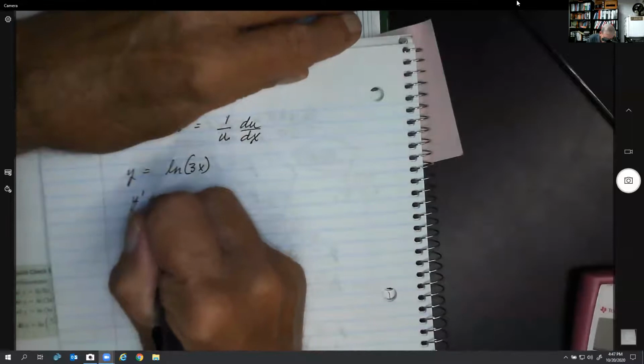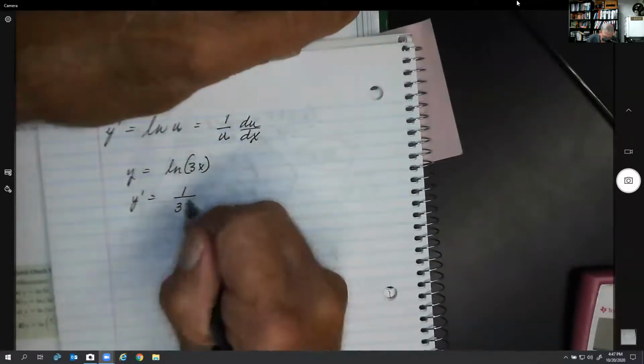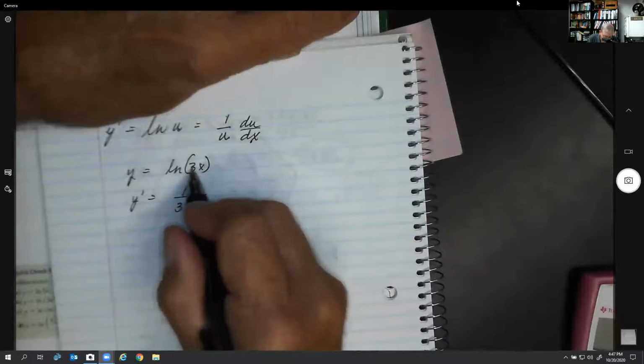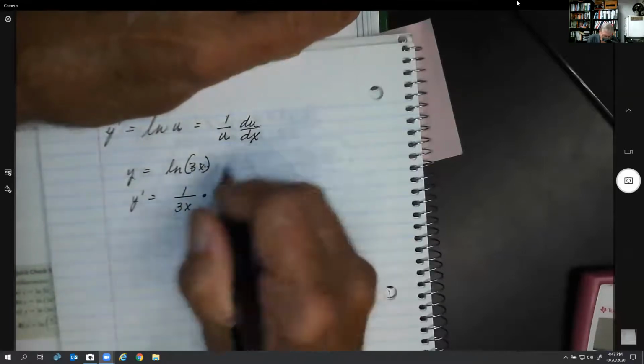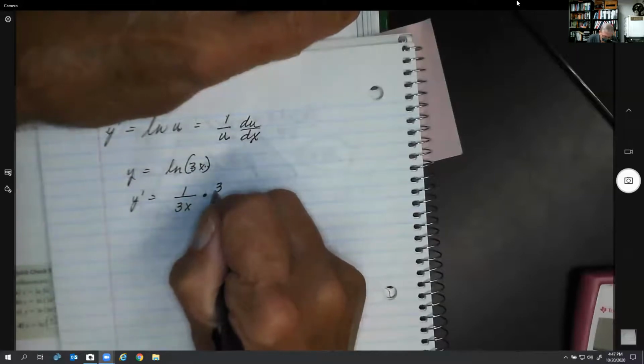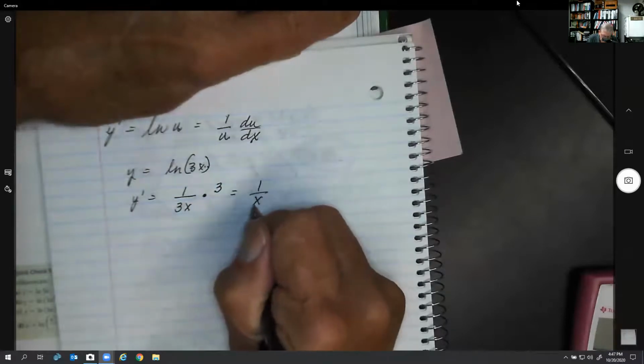Usually we put it in parentheses. y prime is 1 over 3x, not 1 over x, times the derivative of 3x. The derivative of 3x is 3. And then we simplify. Well, in this case, it came out 1 over x again. But that won't always happen.